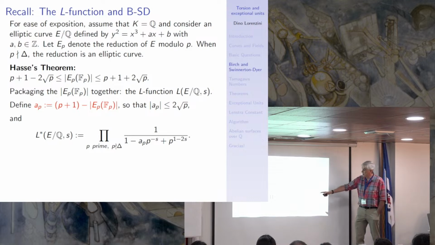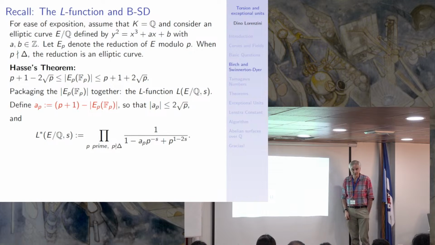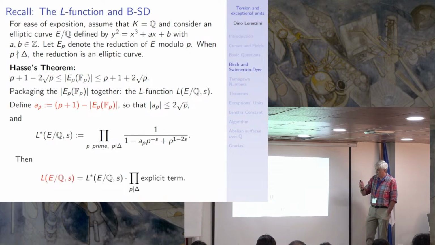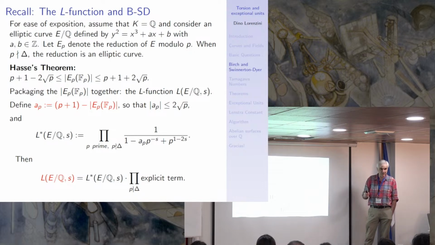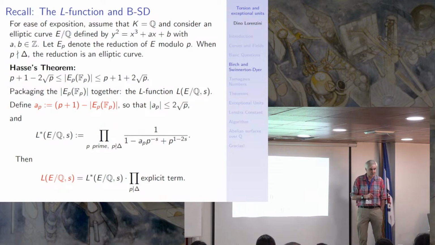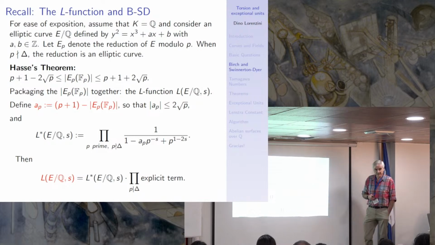And you do that for every prime p that does not divide delta. When p does not divide delta, then the elliptic curve in reduction is again an elliptic curve, and you have this a_p at your disposal. And then to get the L function of an elliptic curve, you multiply by some extra terms for each p that divides the discriminant. And in general, these terms are there to make for better behaved functional equations, right? But the meat is really in this expression here.